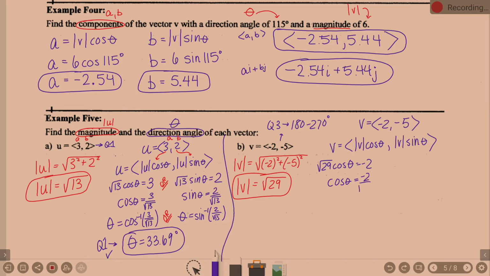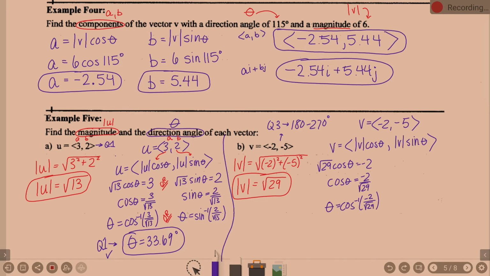Cosine of theta equals negative 2 over square root of 29. And that means, how do I find theta? And what am I putting in on my calculator? Cosine inverse of negative 2 over square root of 29.